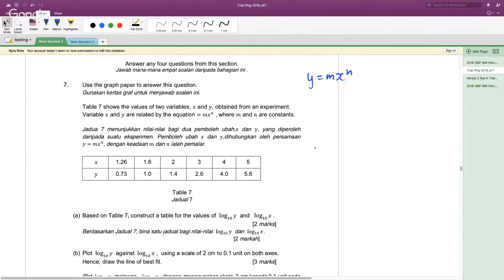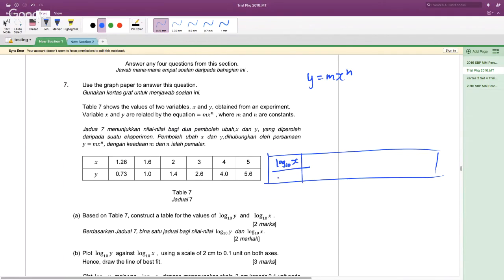From table 7, construct a table for log y against log x. So you need to draw your own table here, and you're going to call it log 10 x and log 10 y. Then you follow back the values from the original table.